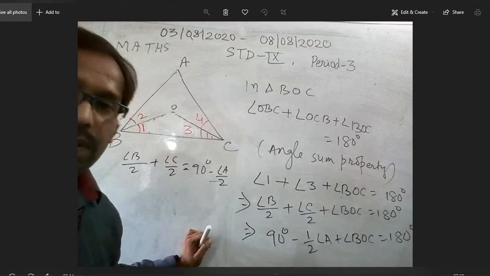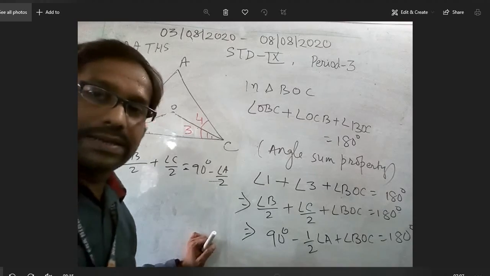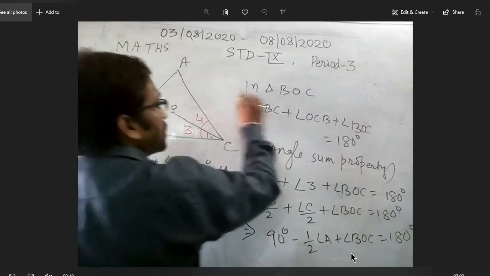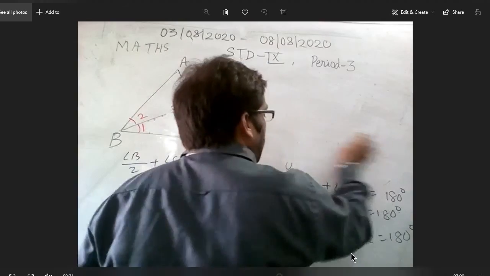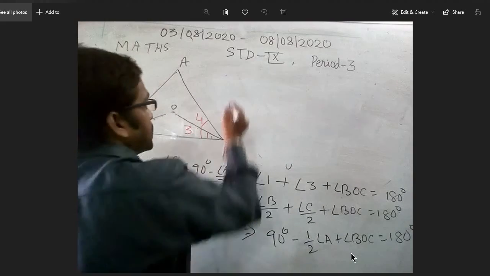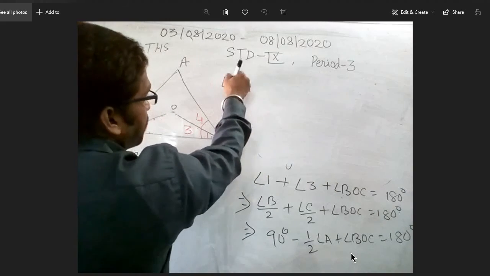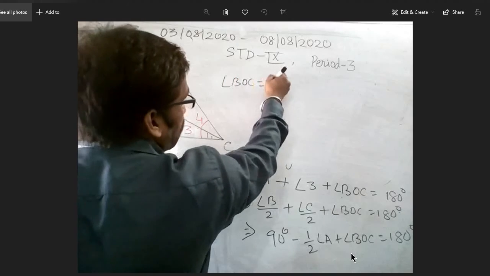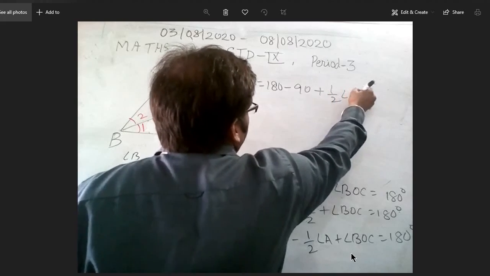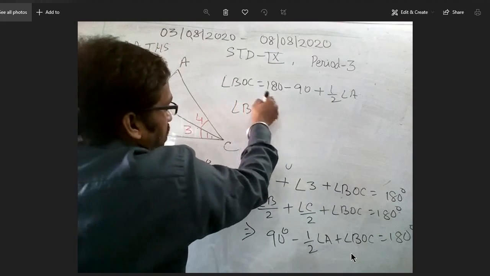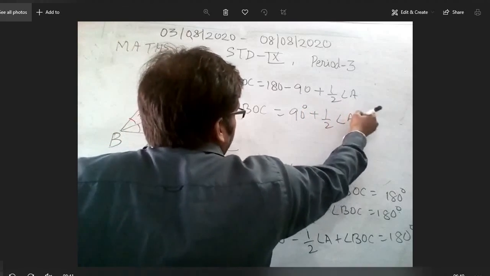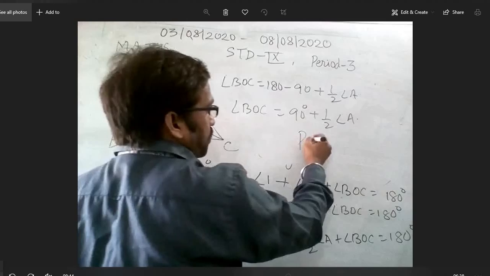Now our solution will surely come, only one step away. The 90 and half of angle A will go to the other side and angle BOC will remain here. So angle BOC is equal to 180 minus 90 plus half of angle A, and 180 minus 90 is 90. So angle BOC is equal to 90 degrees plus half of angle A.